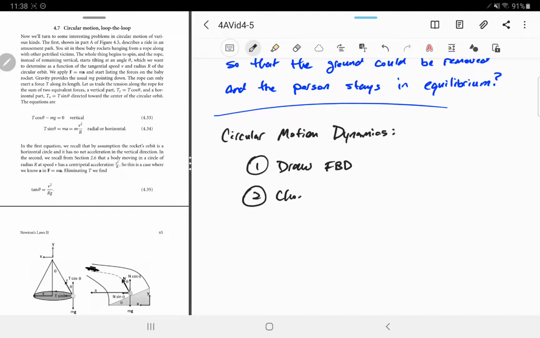Second, you want to choose your coordinate system so that one direction is radially inward. It could be radially outward. Radially inward, though, you could set the radial component of the acceleration as a positive number. So I have a slight preference for radially inward.